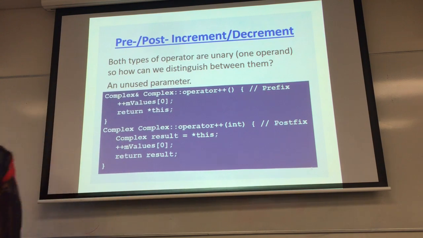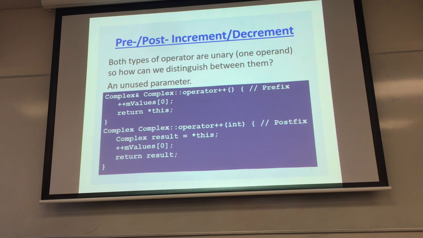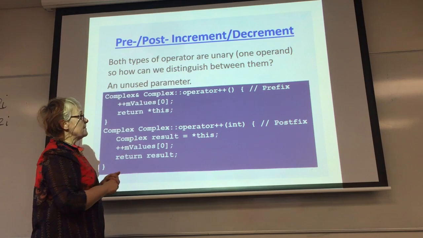This is a mathematical kind of understanding. If we have the complex number 3 plus 2i, the next one would be 4 plus 2i. So only the real part is incremented. This is the convention used here.